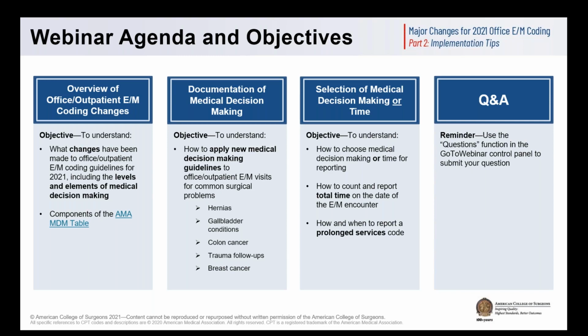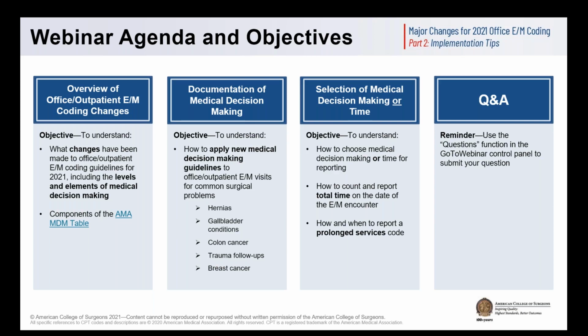So this evening, what we hope to achieve is to review some of the changes that have been made to the Office Outpatient E&M coding guidelines, with some specific emphasis on the levels and elements of medical decision making. You again have the opportunity to download the AMA MDM table, which will be helpful as we work through things.